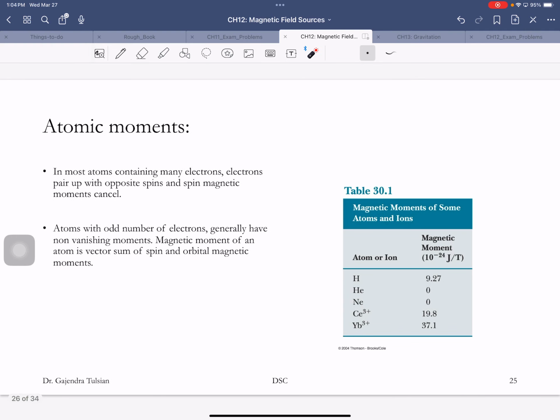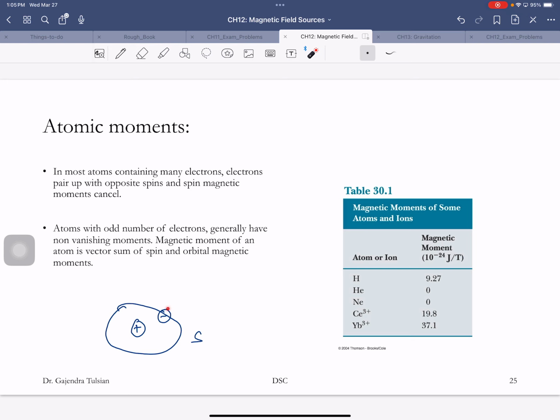Here is the hydrogen atom. There is its magnetic moment. So the hydrogen atom is a proton and an electron, an electron in the s orbital. The s orbital has zero magnetic moment because it's really not going around like that.